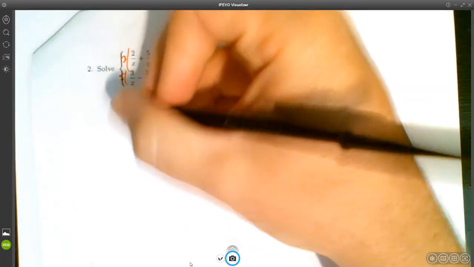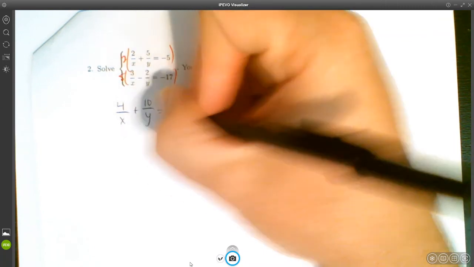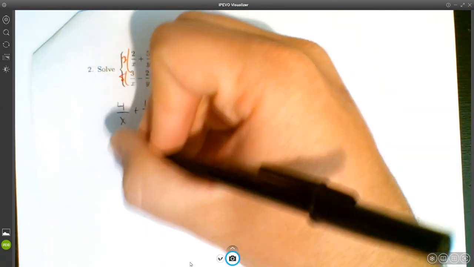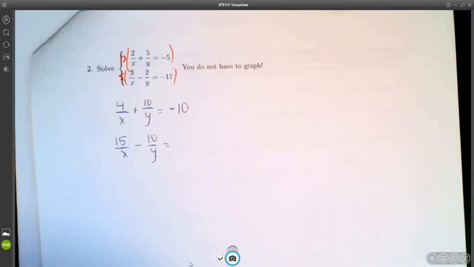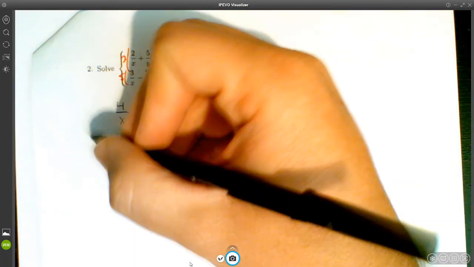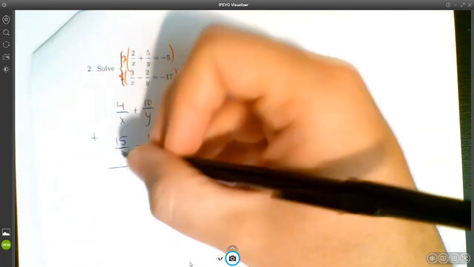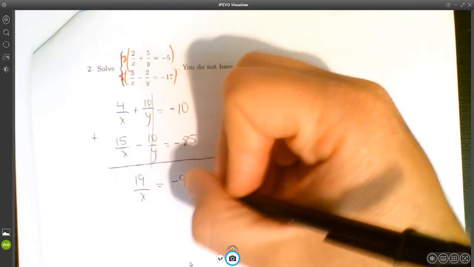That's going to give me 4 over x plus 10 over y equals negative 10, and 15 over x minus 10 over y equals whatever 5 times 17 is, negative 85. And I can add these up. I'm going to get 19 over x, the y's will cancel, and this equals negative 95.